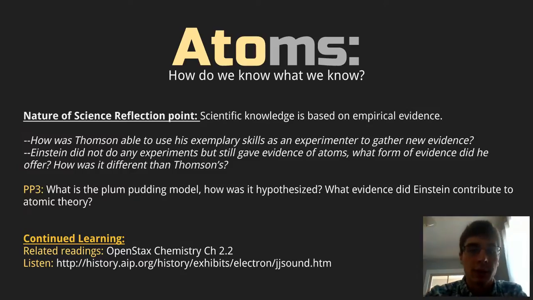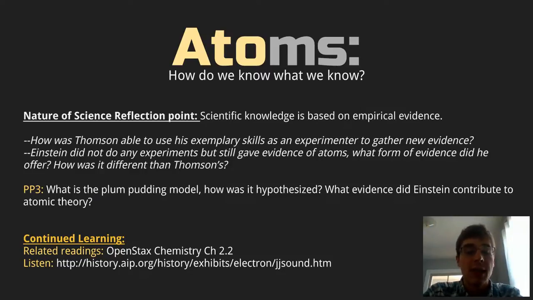So we are going to pause right now. How do we know what we know? We are going to be thinking today about how scientific knowledge is based on empirical evidence. How was Thomson able to use his skills as an experimenter to gather new evidence? And then compare that to Einstein, who didn't do any experiments, but he still gave the evidence of atoms.